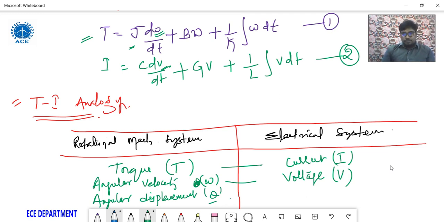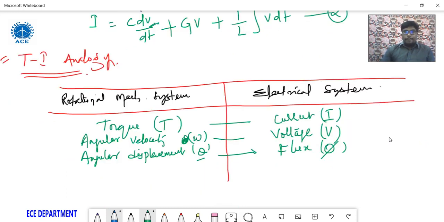So in the current, angular displacement will be, as we discussed in the previous class, flux. This is represented with phi. Next is inertia element or moment of inertia, that is J. J becomes capacitance here.